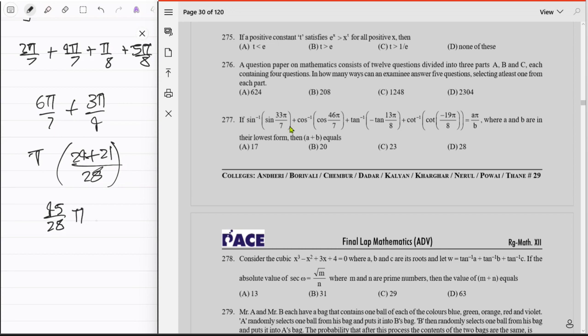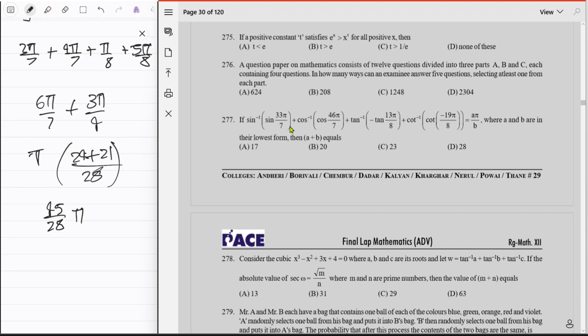Okay, then A plus B is not making any sense. Wait, what? Did something go wrong? 42 plus 4, yes, so like 4 pi/7, and then this should be 35 minus 2, right?